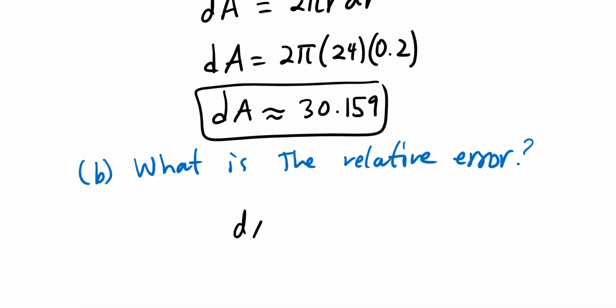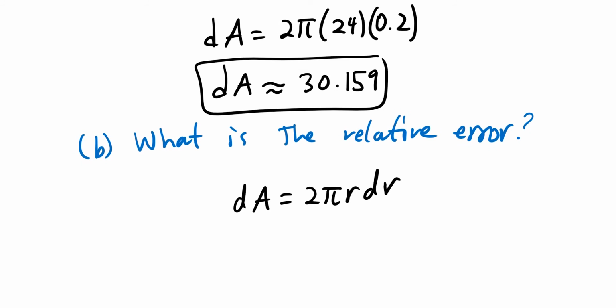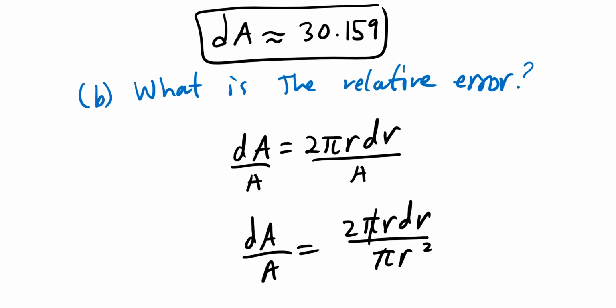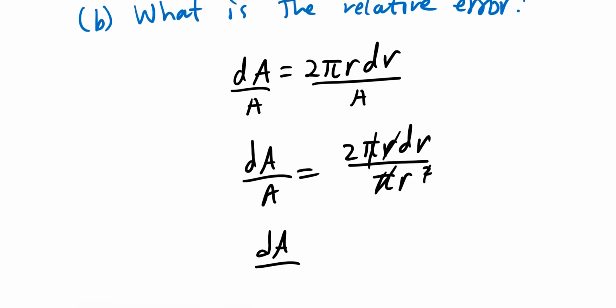You know how we have dA, we found it earlier, 2 pi r dr. And we need dA over A. So we can divide both sides by A. A is the area. So then dA over A, what's the area? The formula for the area is pi r square. So pi cancels out, r cancels out. So dA over A is 2dr over r.